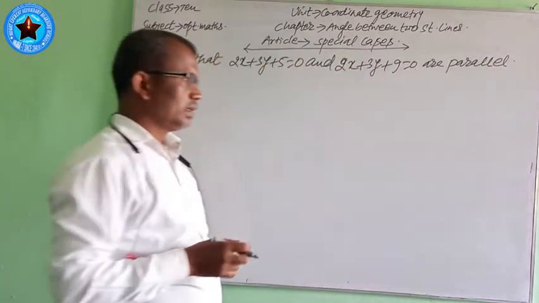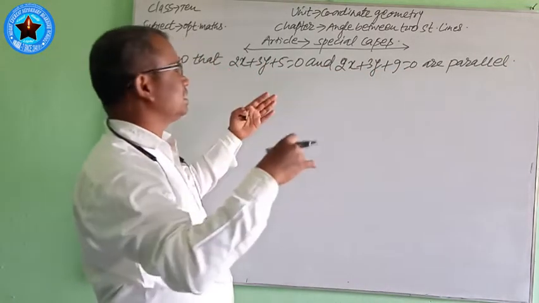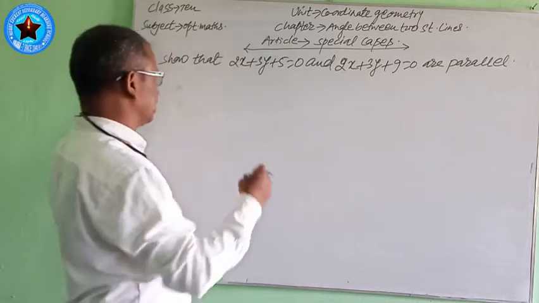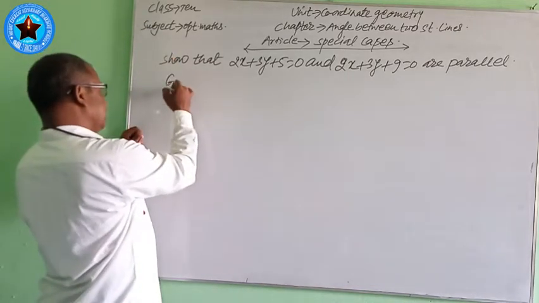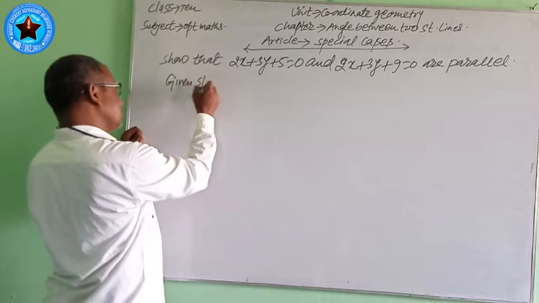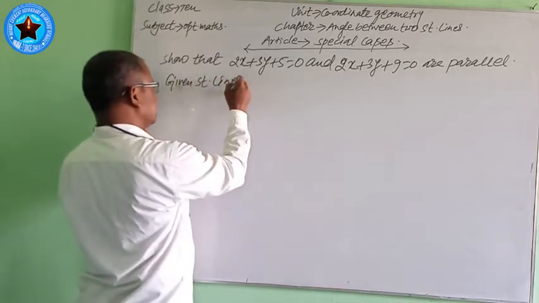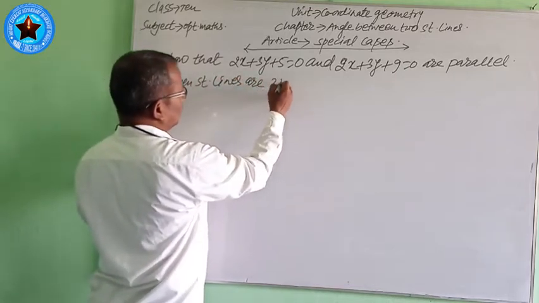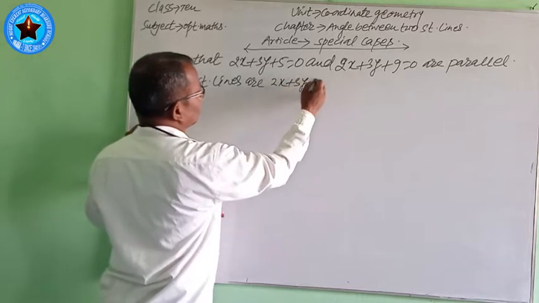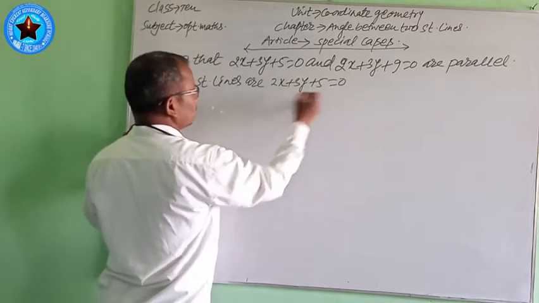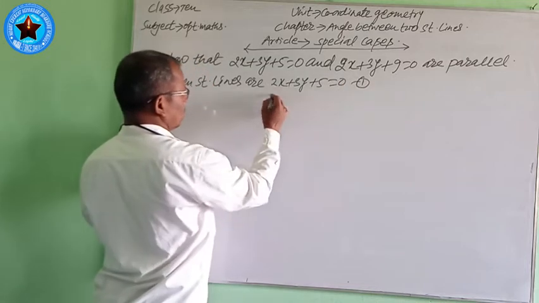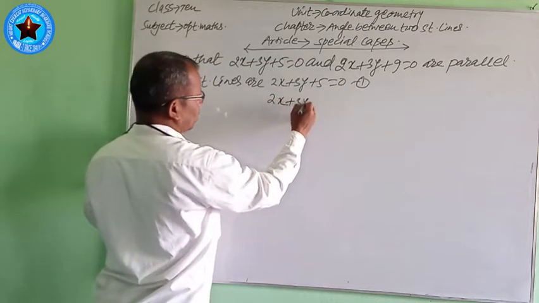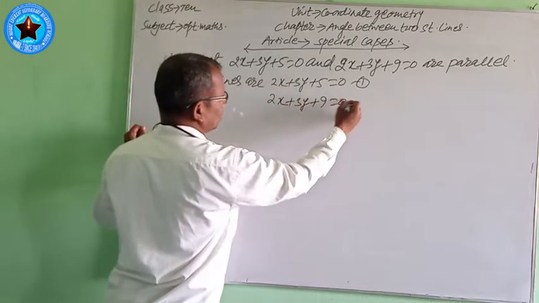In two different ways we can justify the result here. Given straight lines 2x plus 3y plus 5 equals 0 and 2x plus 3y plus 9 equals 0.